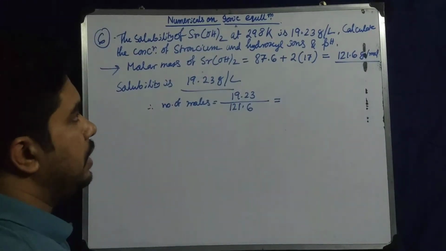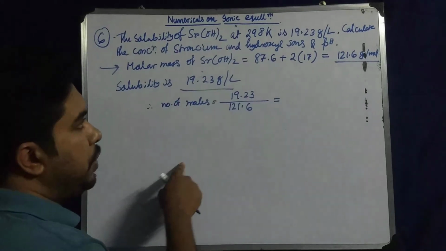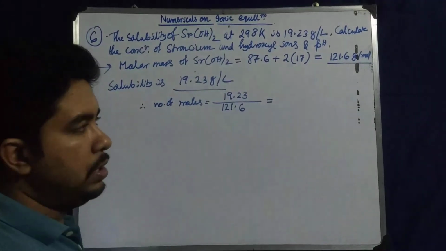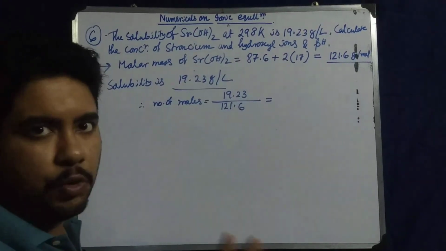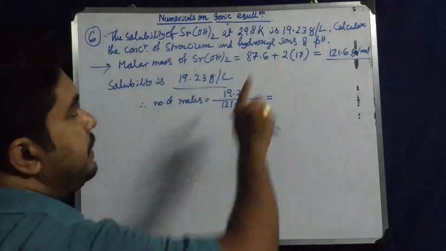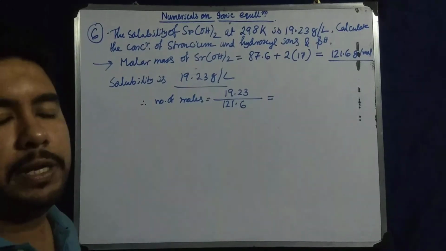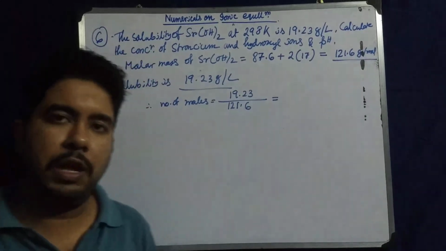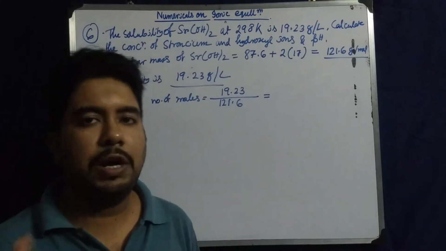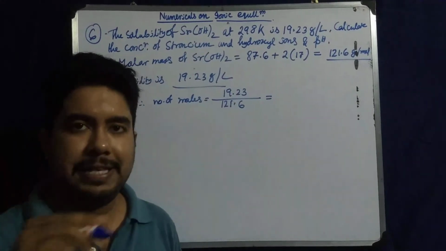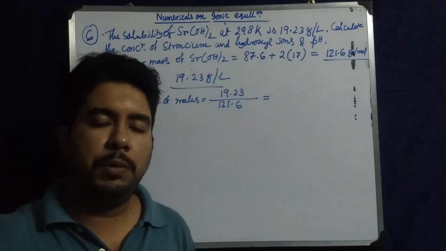We can say that 121.6 gram contains 1 mole. So 19.23 gram contains how much mole? That much mole in liter, moles per liter. We have the gram per liter, we have to convert it into moles per liter. Remember, when we calculated the KSP values, S was the solubility in moles per liter.